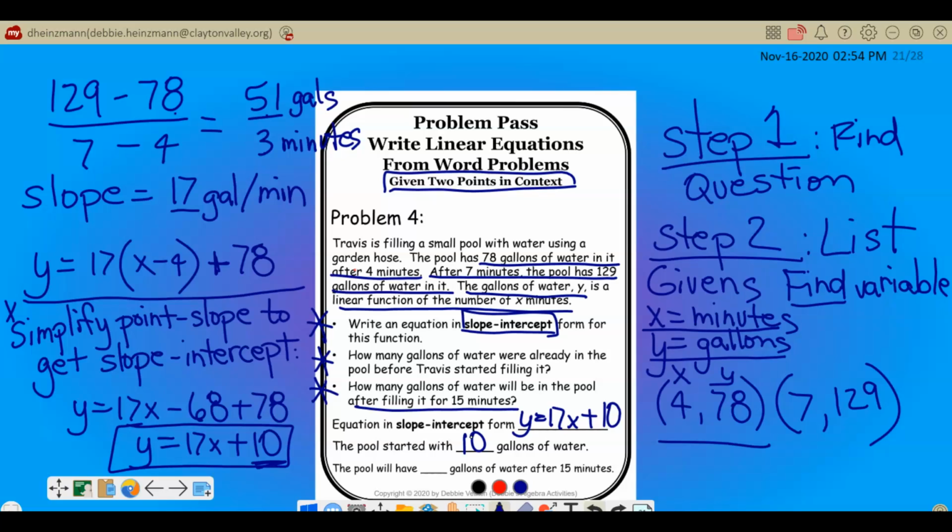And so now, last but not least, we're going to answer another question. We're going to plug 15 into our equation to find out how many gallons of water we have after 15 minutes.